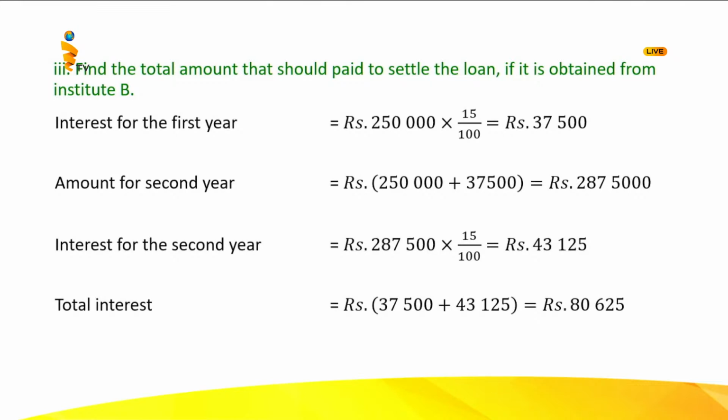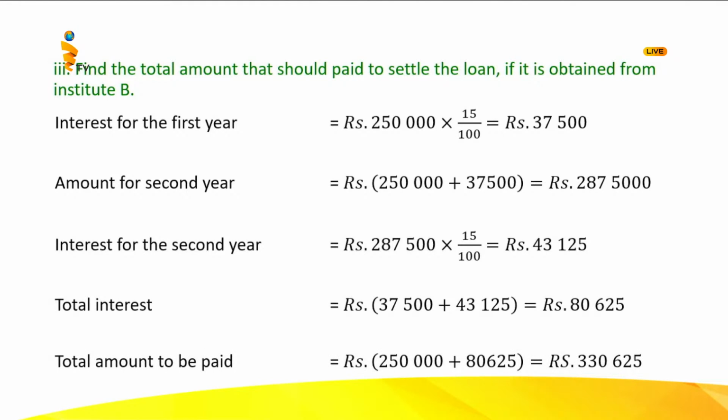So the total interest that he should pay is 80,625 rupees. To settle the loan, you have to pay this total interest and the loan amount he took. So I have added 250,000 and 80,625. Therefore, the total amount to be paid is equal to 330,625 rupees.